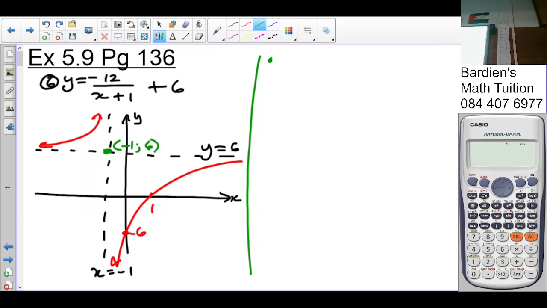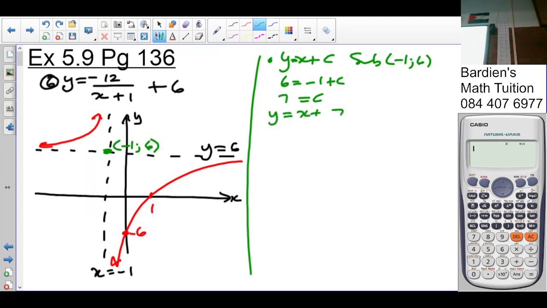Okay. So we have y equal to x plus c. You substitute negative 1 and 6, so 6 is equal to negative 1 plus c, so c is going to be 7. That's one line. And y is equal to negative x plus c.